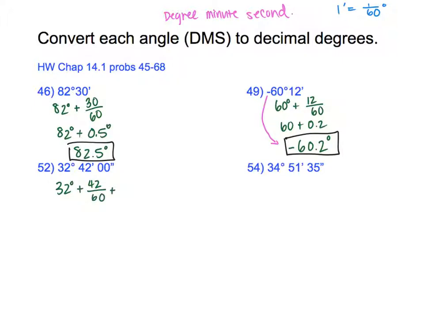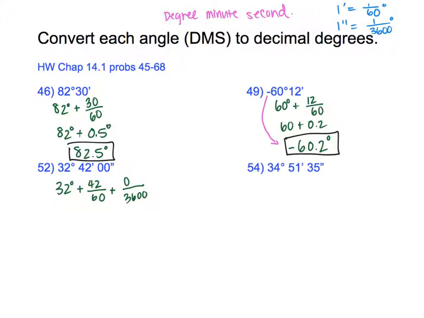If you remember back in that slide before, 1 second is 1 over 3,600. So in this case, we have to divide by 3,600 when we're dealing with seconds. So we're going to take the 0 and divide that by 3,600.